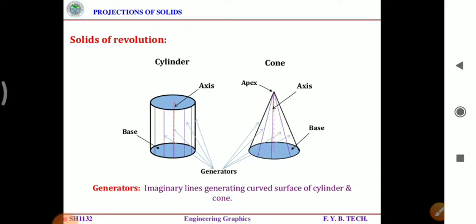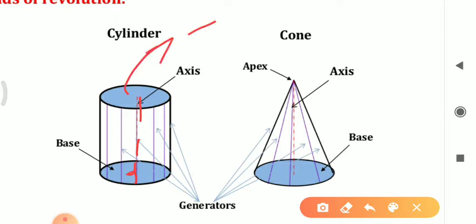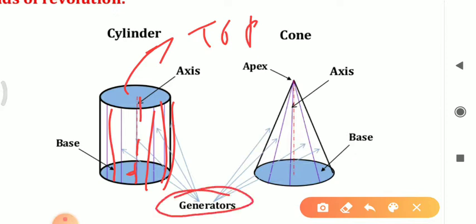Okay. Next, now see, how is the nomenclature done in solids of revolution? Suppose this is a cylinder. This is called the axis, the center line, from the center of the top circle to the bottom circle. Then this is called the base, and this is called the top face. And these lines that I am showing are called generators.